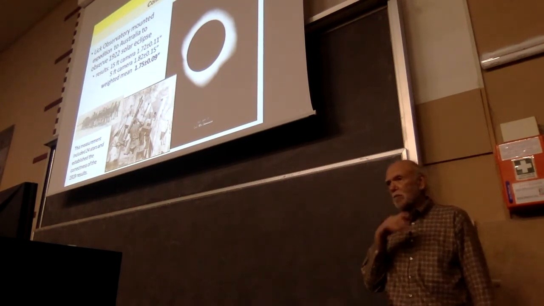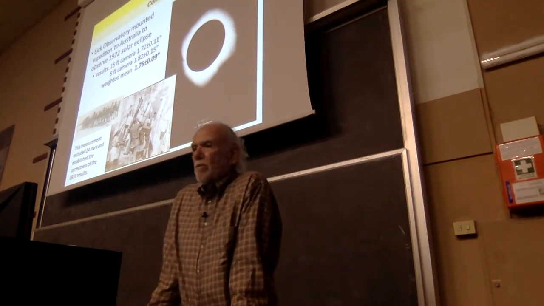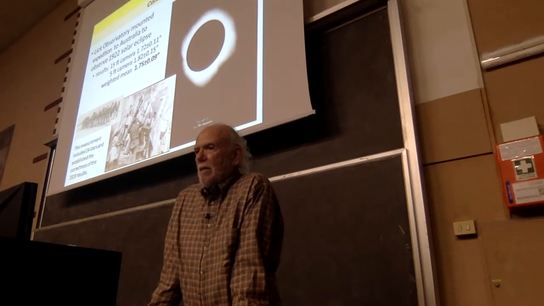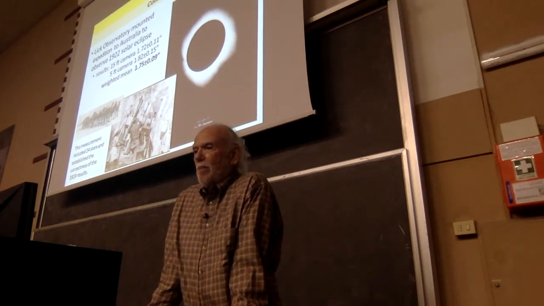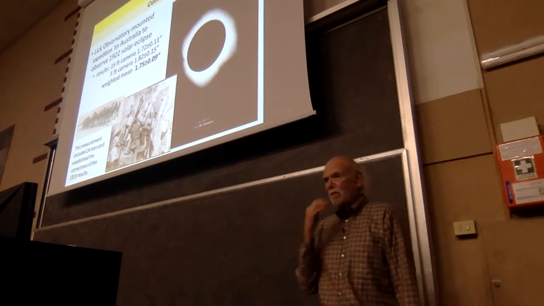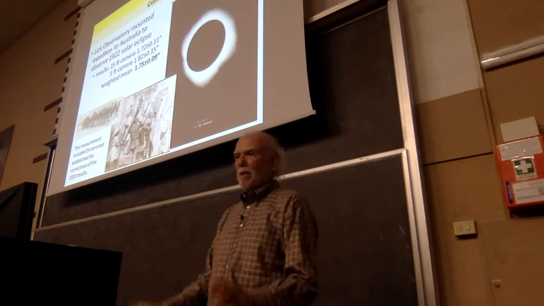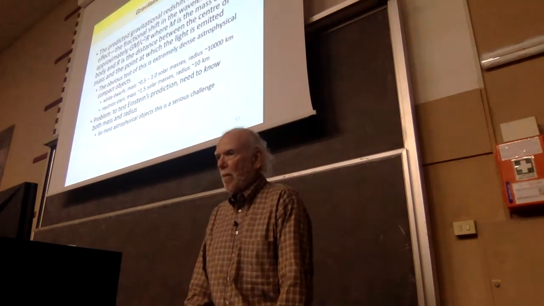There was a very good experiment that followed in 1922 at the Lick Observatory, and it had much better statistics. It measured better than 1% the bending of the light. And so this became true, and of course, it's been done many times since then.